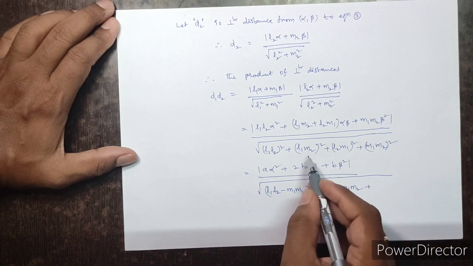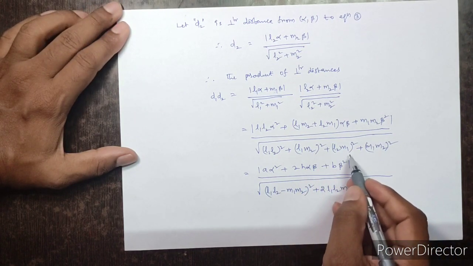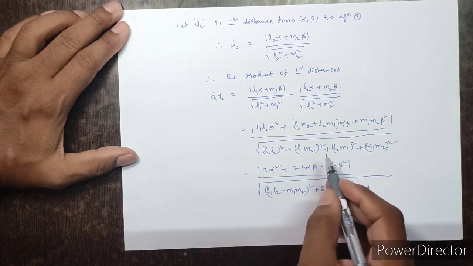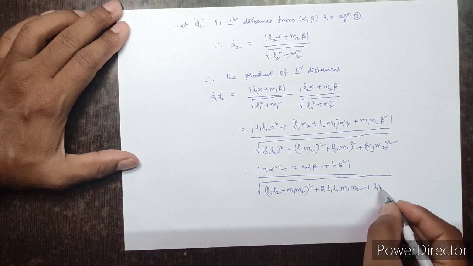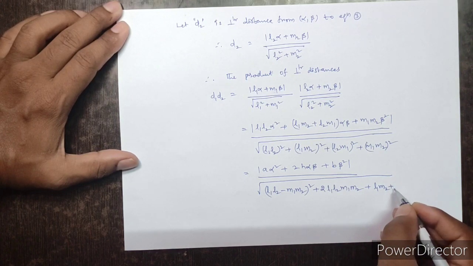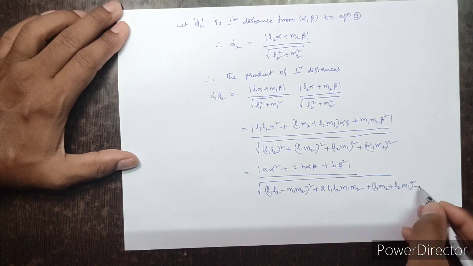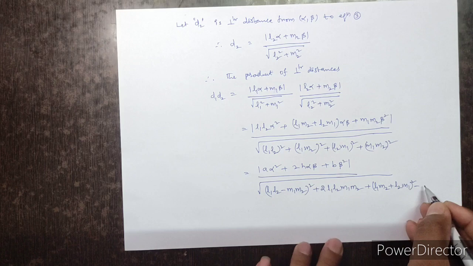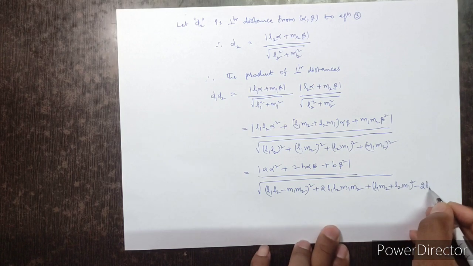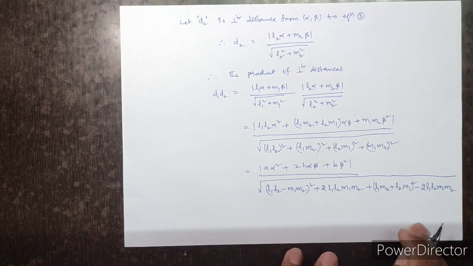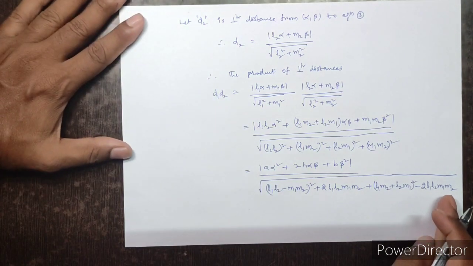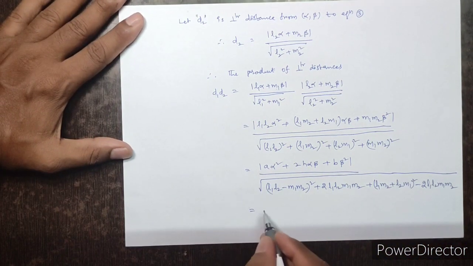Next, this is A square plus B square, so you can write A plus B whole square minus 2AB, so L1 M2 plus L2 M1 whole square minus 2AB, 2 L1 L2 M1 M2. For our convenience we can write like this to get the answer.